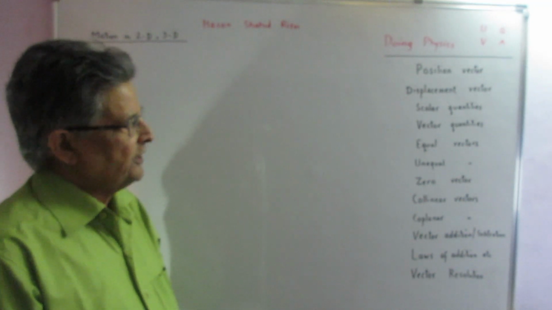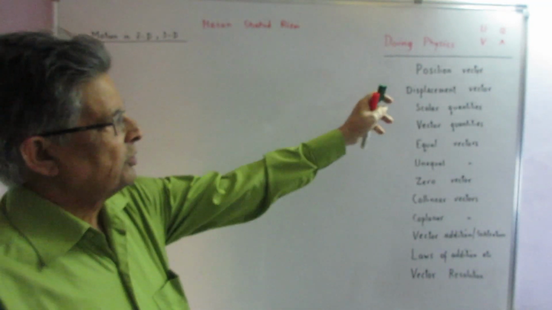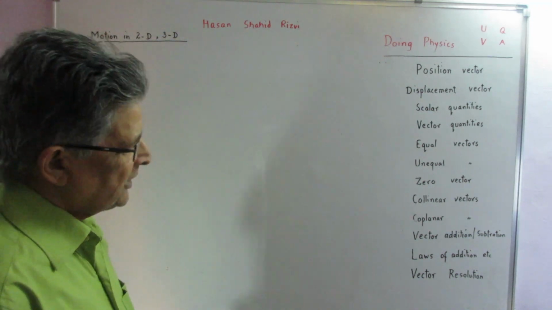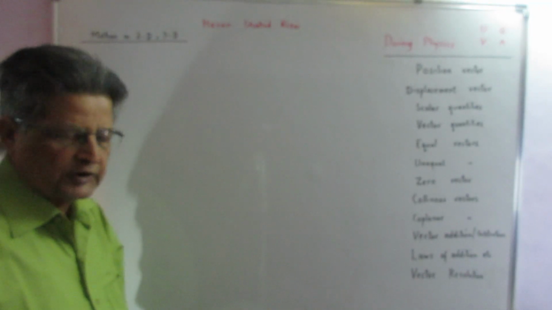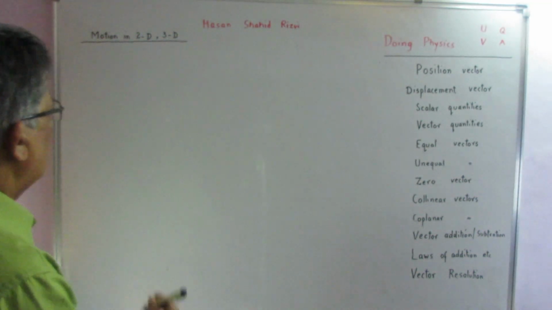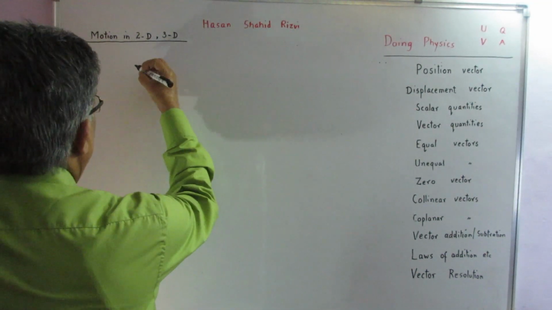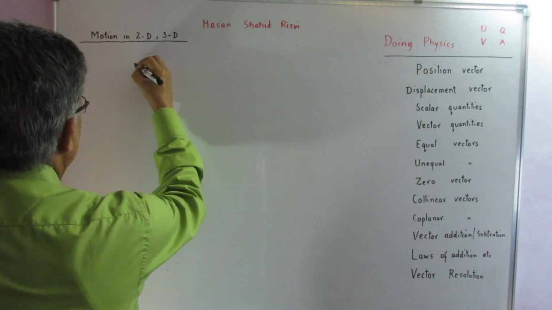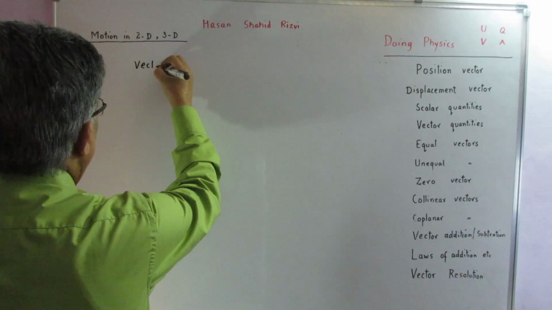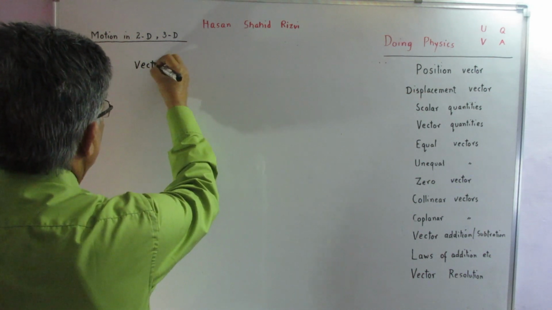But vector quantities, like we are going to introduce the position vector and displacement vector, have two features. One is the magnitude and the other is the direction. So a vector has two features.